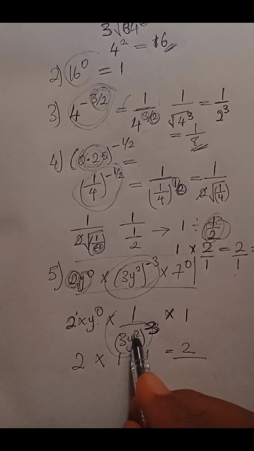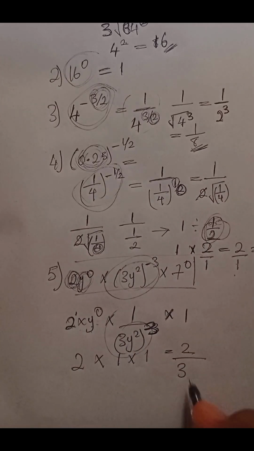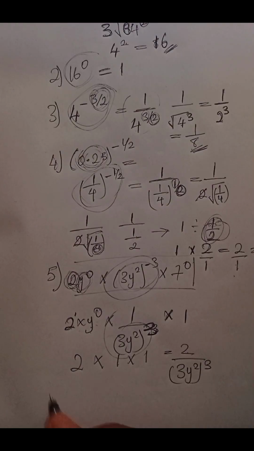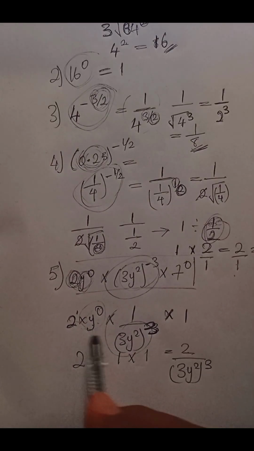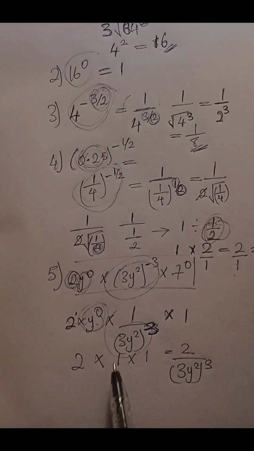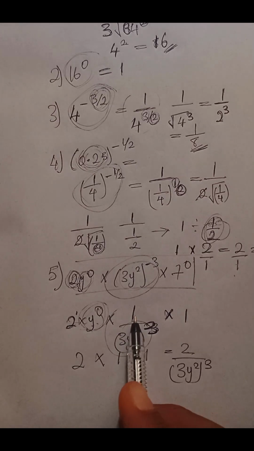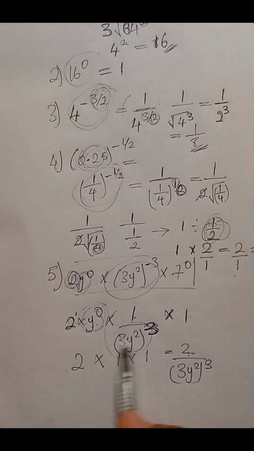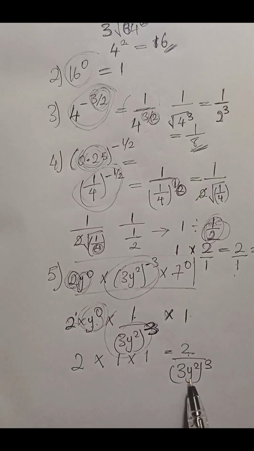So 2 divided by what? 3y squared raised to the power of 3. So we multiply everything here: 2 multiplied by 1 multiplied by 1 gives 2. So that's how we got this 2, divided by this 3y squared raised to the power of 3.